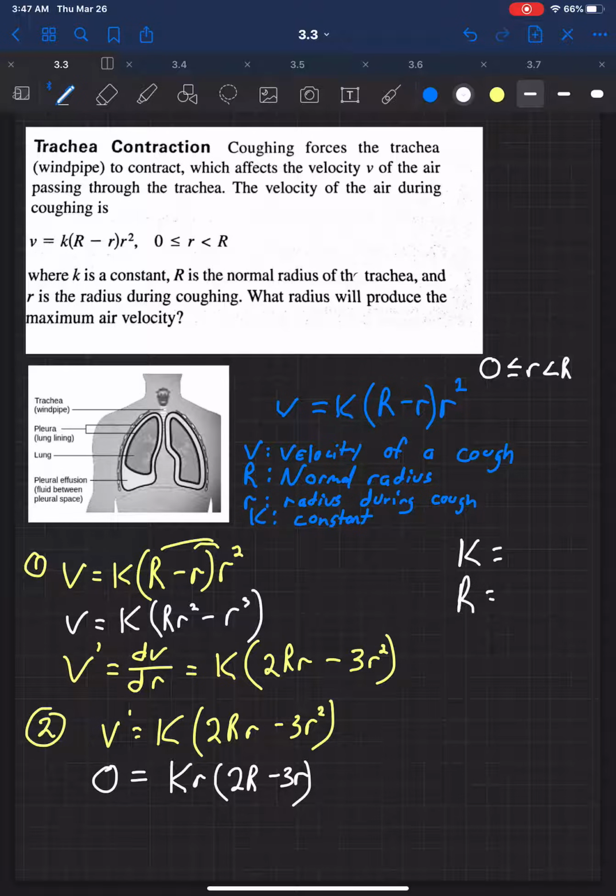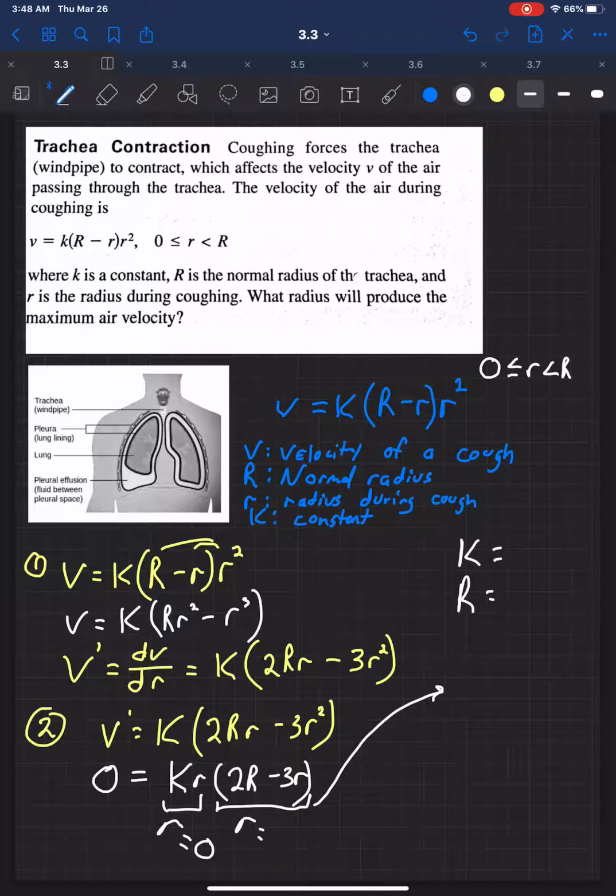What r values would make your derivative equal 0? So this is, of course, when r is equal to 0. And now follow me over here. Let's go ahead and figure out the second r value.